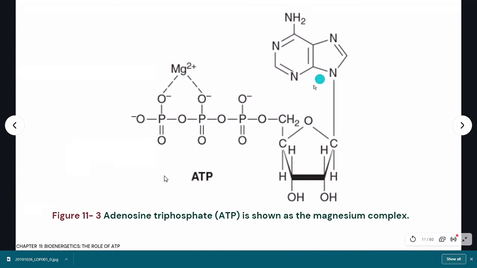You have your GTP, you have your TTP, you have your CTP, UTP. Okay. But ATP is the one that does most of the job in storing energy here.